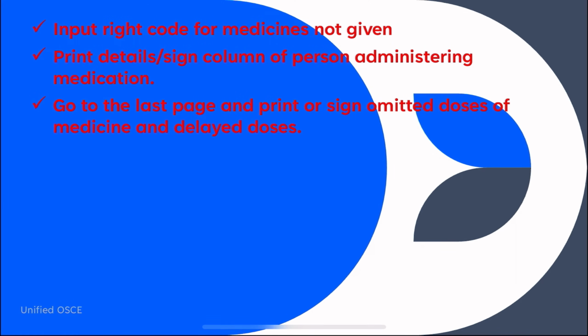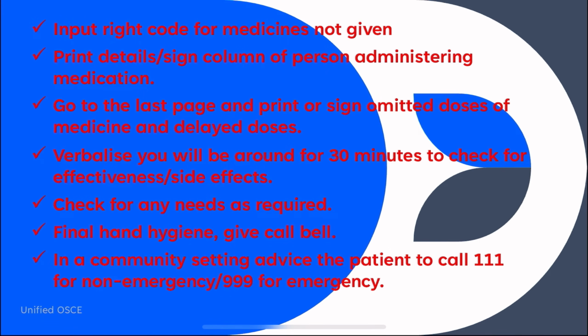Then you need to go to the last page and print and sign for omitted doses and fill all the necessary details, the reason why it was omitted or the reason why it was not given. And this part is very important. The front page where it says column for person administering the medication, you need to print your details, sign the column, fill the necessary details as required to show that you are the one that administered the medication. If that part is missed, it is a fail. You must not forget to do that.